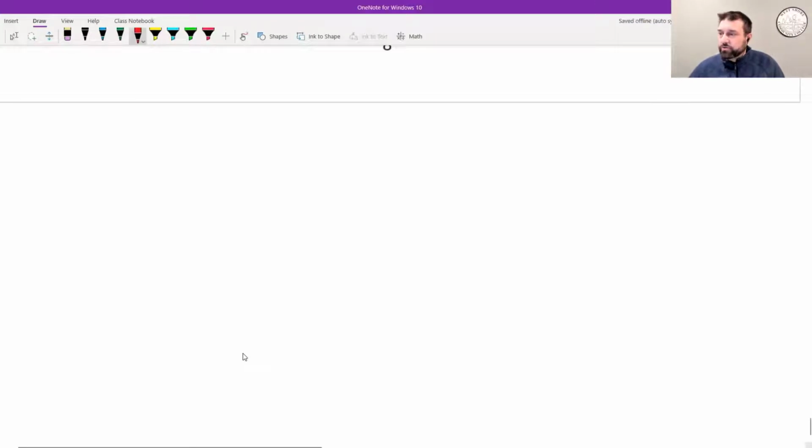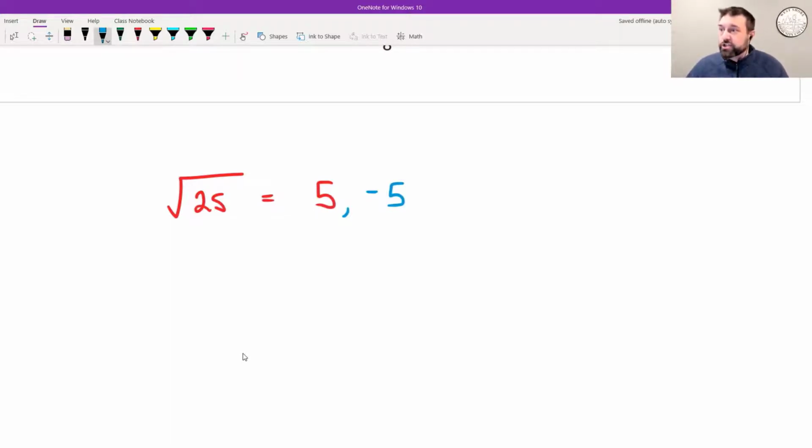If you have the square root of 25, you may think the answer is 5, but actually there's a second answer, which is -5. When you use technology, technology always gives you the positive answer. This is called the principal root.